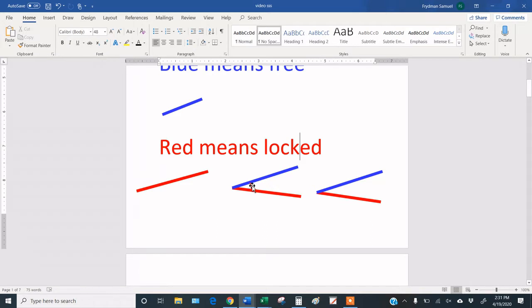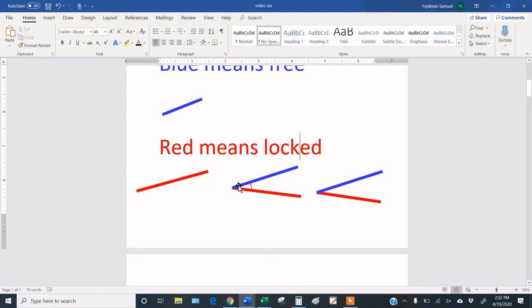So if you see an angle which is drawn in red, I'm not going to be drawing any blue angles in this video. So all of the angles that you see drawn are going to be in red. That means the angle is locked, which means you cannot change the rotation between the two lines.